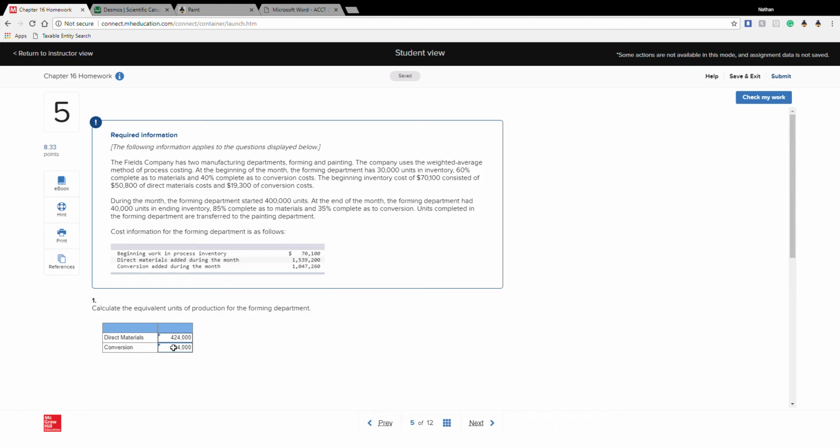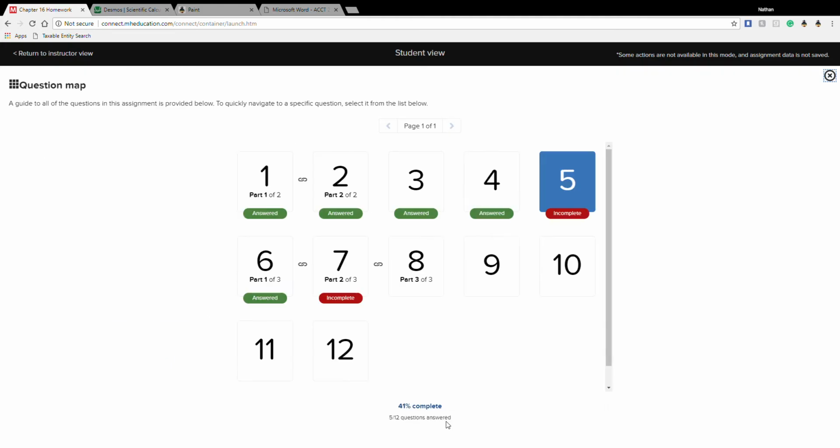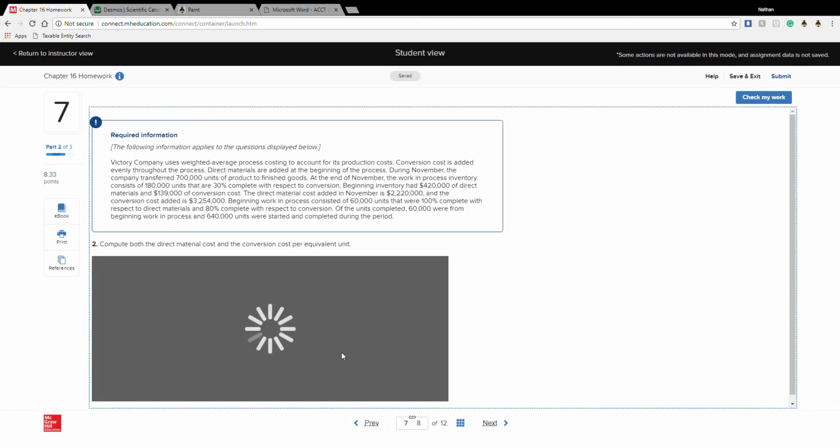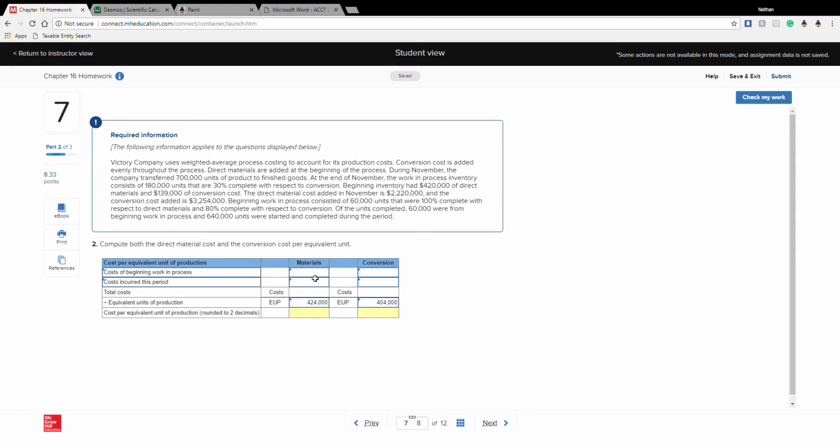Okay, so beginning work in process inventory was 70,100. Okay, so that gives us our beginning. So right here, we know no matter what, cost was this. Okay, now all we need to know is the cost incurred this period related to materials and related to conversion.